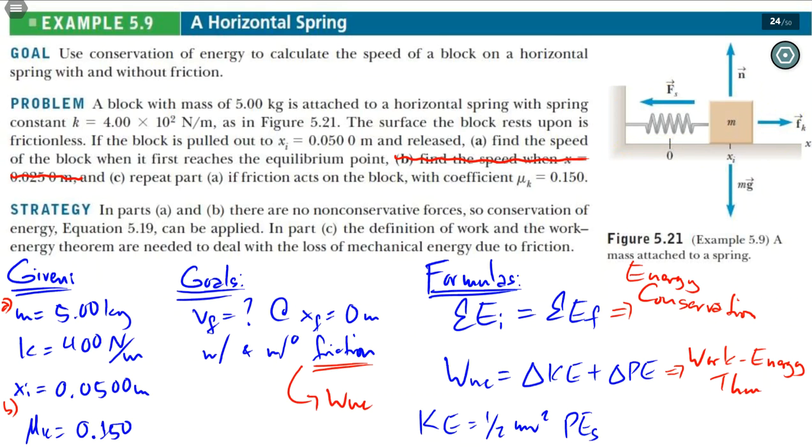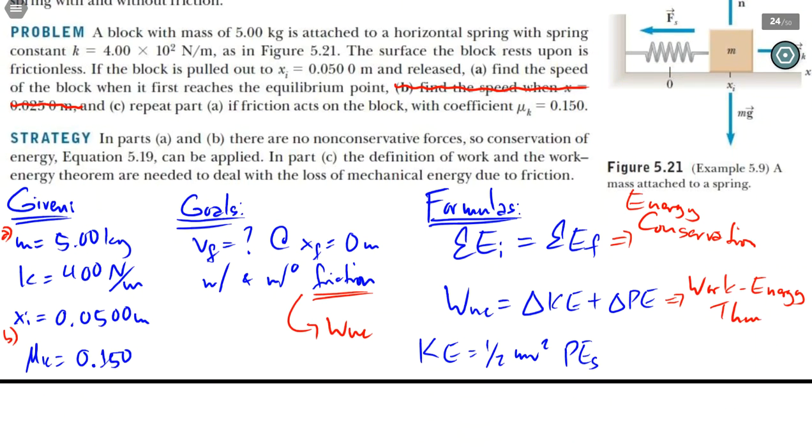There's no change in height, so we will not even need the formula for gravitational potential energy. As a matter of fact, we'll also need friction. Okay. And for good measure, we're going to need that one as well from a past chapter.